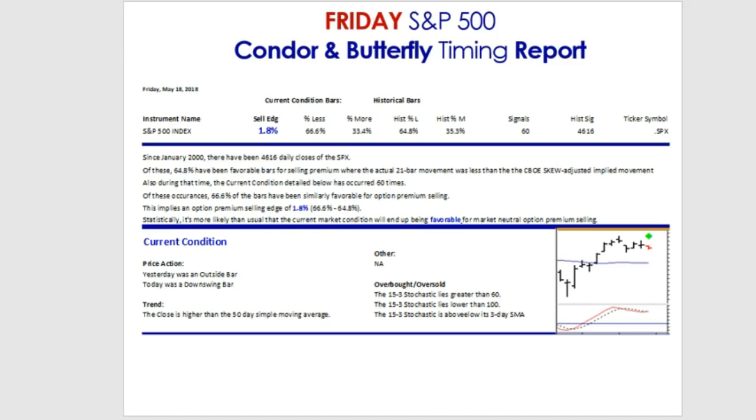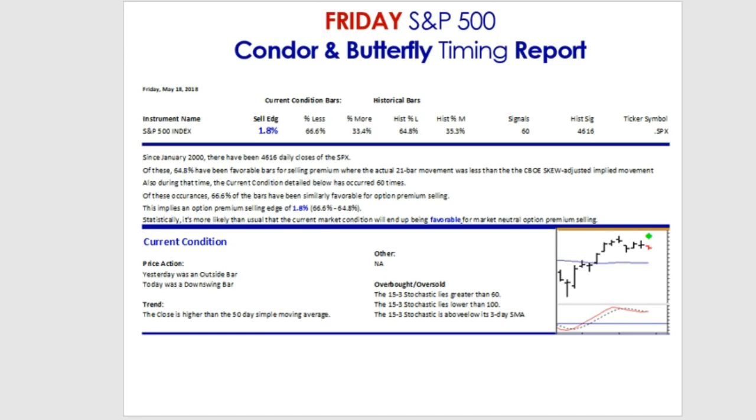And to ascertain that, we look at the CBOE skew adjusted VIX to get that implied movement. So once again, almost 2/3 of the time, the SPX will have a bar that is a favorable one for selling options premium in a market neutral, delta neutral sense, like condors and butterflies, because the subsequent 21 bar movement is less than what is being implied by the option prices. So that's what a favorable bar is.